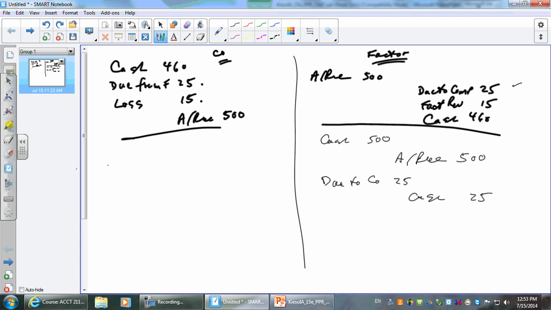And like I said, they get to keep 475,000 when they only gave cash for 460. What's the difference? That's their revenue. They collected it. Very good. What would the company do? Debit what? Cash. It's that easy.